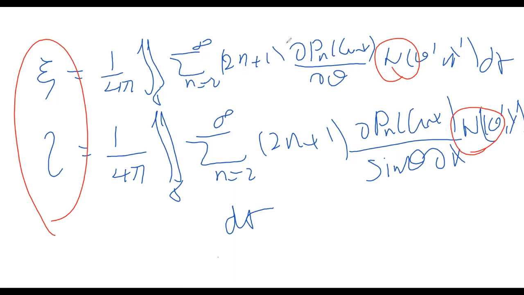Simply, you can adjust this formula like that, for example, if you have gravity anomaly here, it will not be difficult to get this formula, and you will have R here.